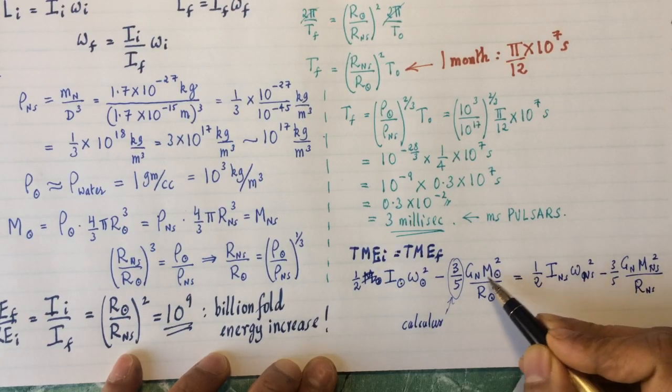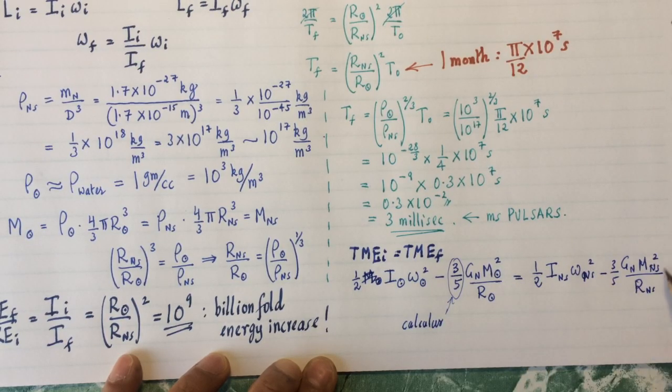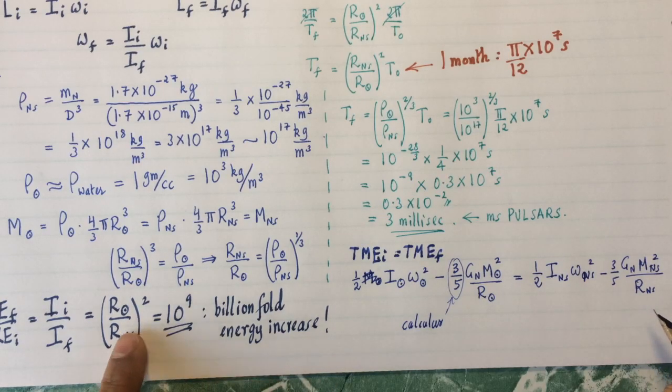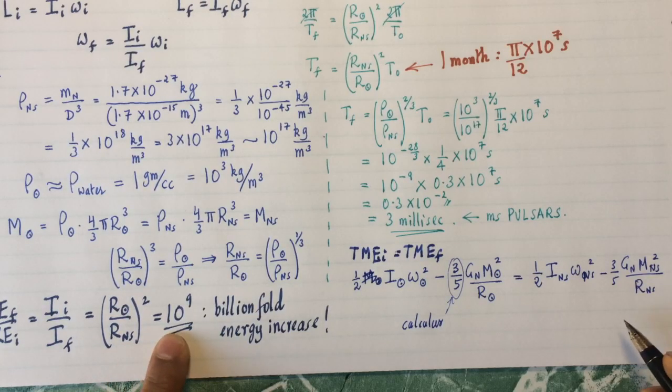Now the mass of the neutron star and the mass of the sun are about the same, so the numerator is the same. But what about the denominator? The radius of the neutron star is going to be incredibly small. You notice that the radius of the neutron star is approximately 10 to the power 4.5 times smaller than the radius of the sun.